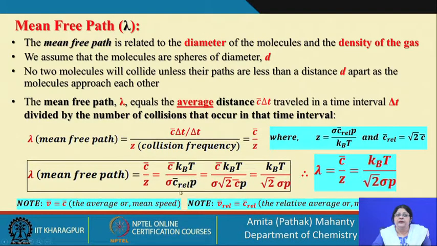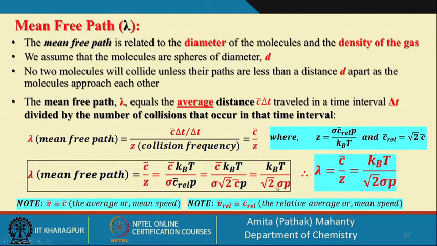Now, what is the expression we had derived for the relative mean speed? The relative mean speed is defined as root 2 times the mean speed. So, I replace the relative mean speed of approach by the mean speed, and I get a root 2 here. So, this is going to cancel off, and what you are left with is an expression in terms of kT by root 2 sigma pi.